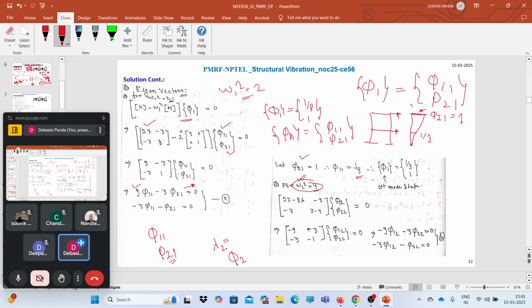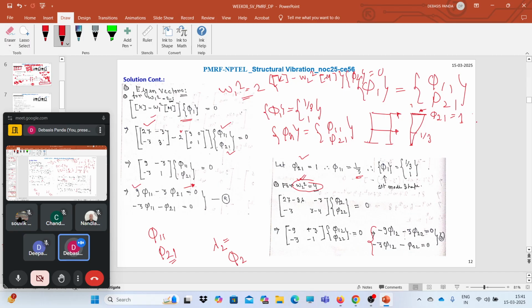Again, formulate the equation like this: k minus omega 2 square m, phi 2 equals 0. So we will have these two equations: minus 9 phi 12 minus phi 22 is equal to 0, and minus 3 phi 12 minus phi 22 is equal to 0.